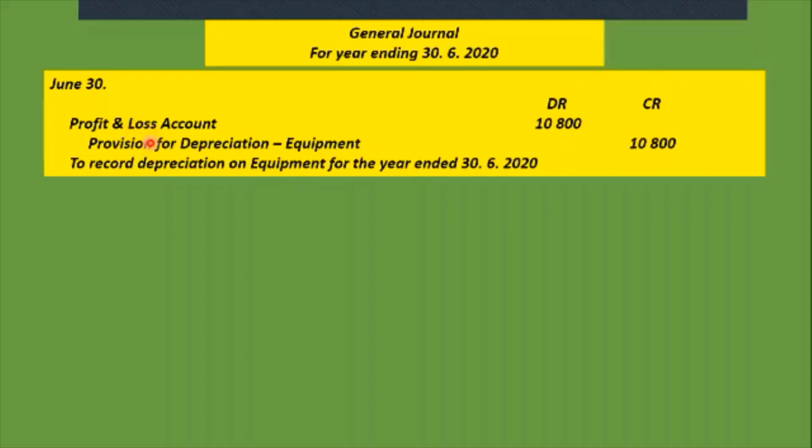This is the normal format for depreciation entry: debit profit and loss, credit depreciation provision for that item, right? And we write in the narrative to record depreciation on equipment for the year ended 30th of June 2020.